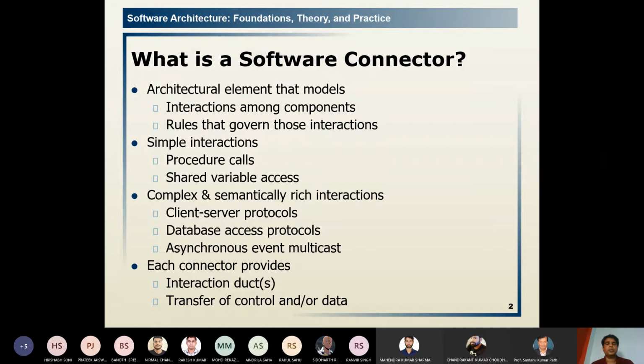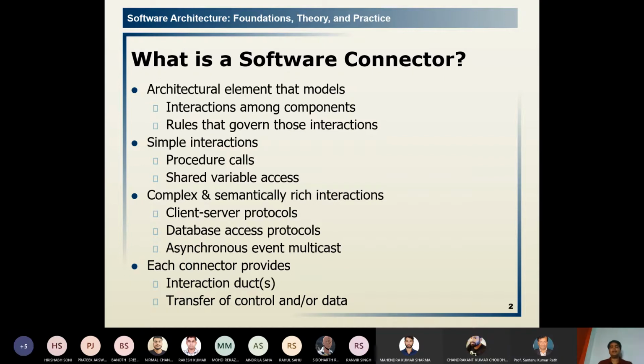Another one is the simple interaction. It is a procedure call, just like in a different location, it will provide RPC, remote procedure call, and shared variable access. Shared variable access means we are sharing the resources in a particular location where all the components are accessing those shared variables through the connectors.